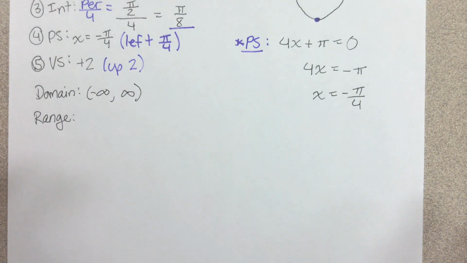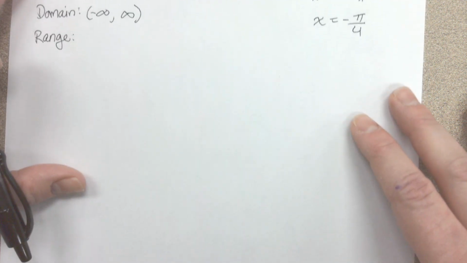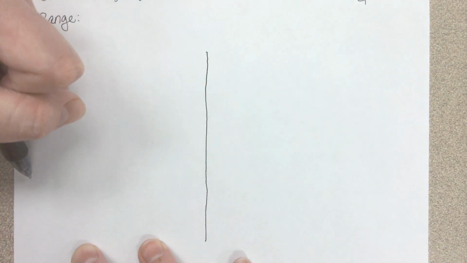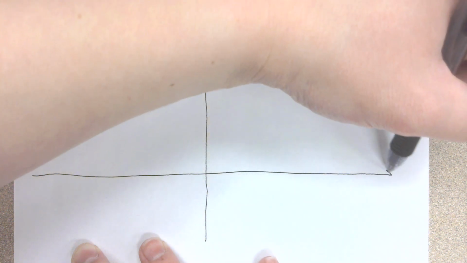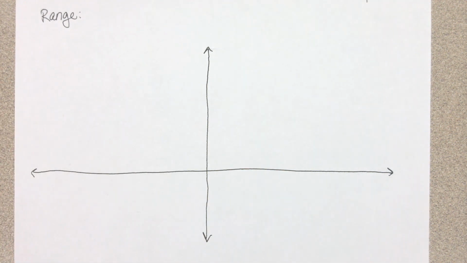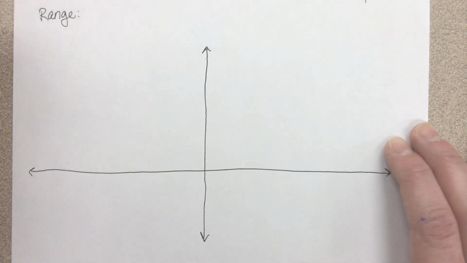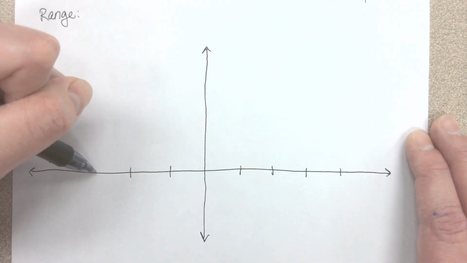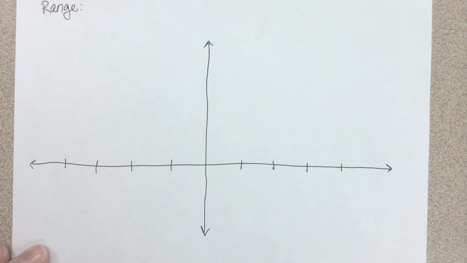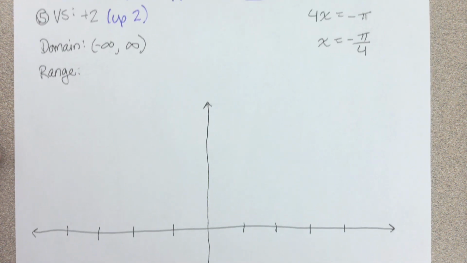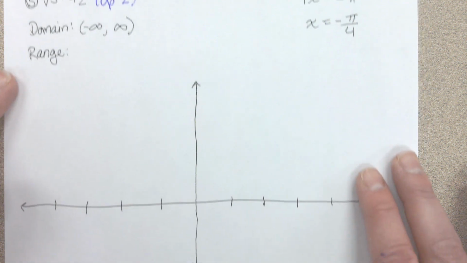And we're going to go up 2, so just kind of keep that in mind when you're setting up your y-axis specifically. Give yourself a little more room up top. Setting up our x-axis, we have 4 intervals to the right and to the left. First number is the interval, which is pi over 8.